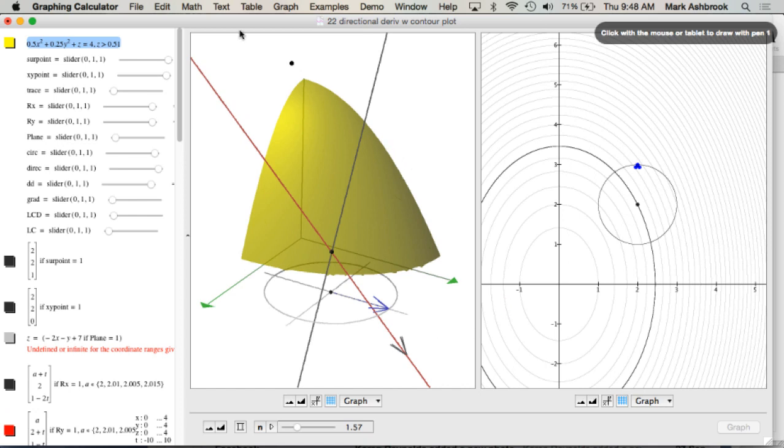Sorry, it's the same one from last time: f of x, y equals 4 minus x squared over 2 minus y squared over 4.